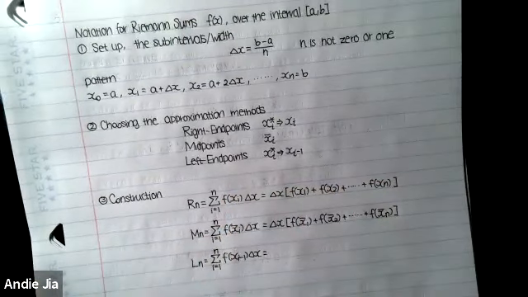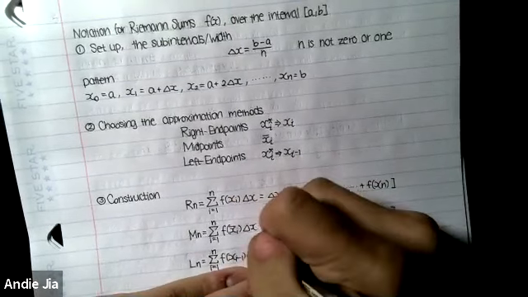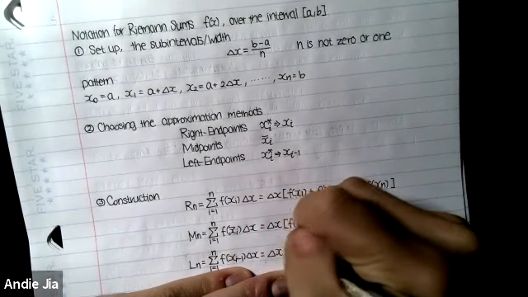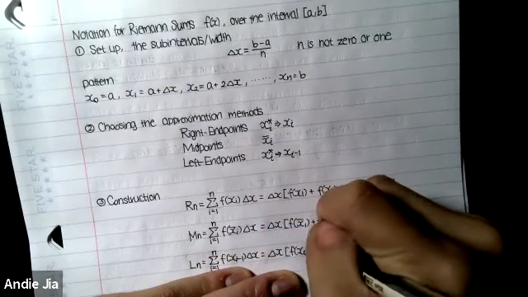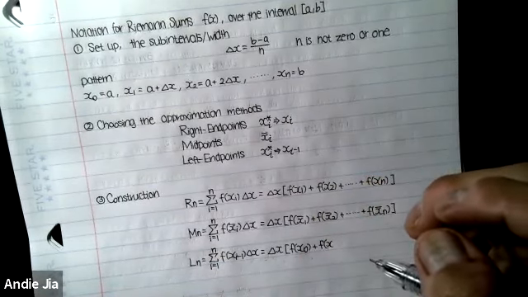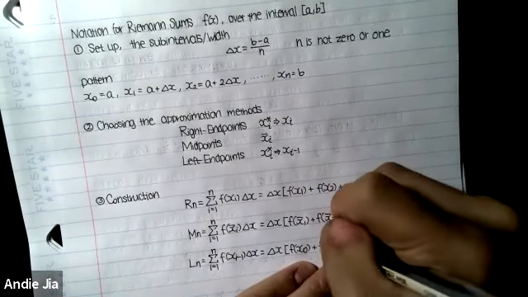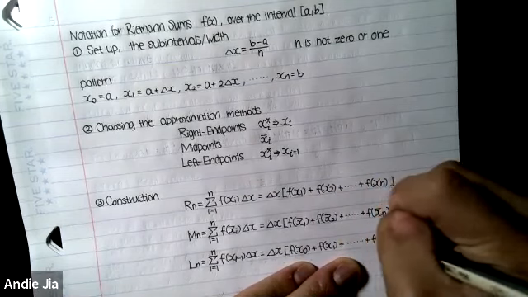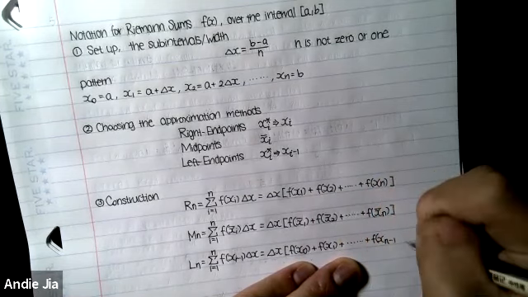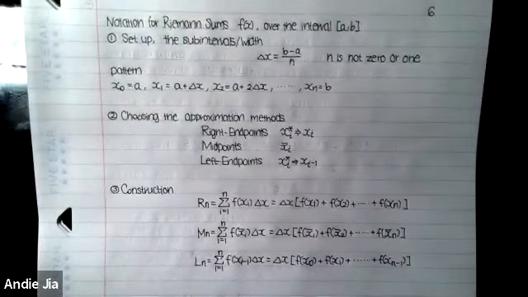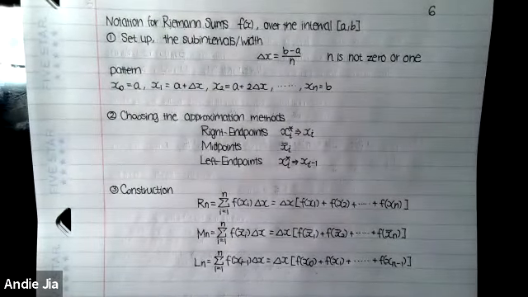So we start from the lower point, which is x subscript 0, plus f of x_1, plus x_1, plus, up to f of x_(n minus 1). Here's the most boring part of it.